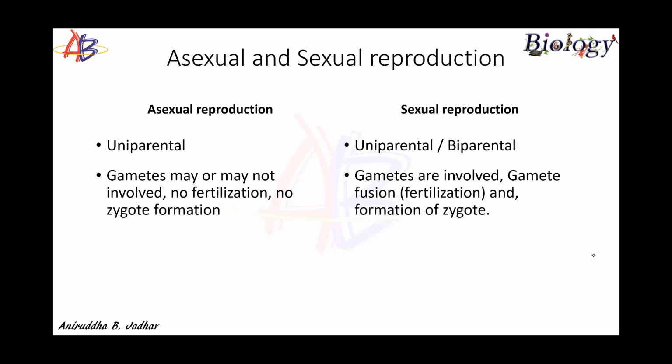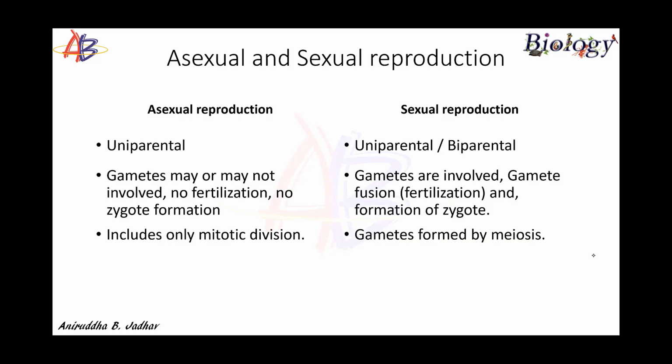For sexual reproduction, gametes are compulsorily required. So gametes are involved, and these gametes need to go through a step called fertilization, and ultimately the zygote is formed. Now, as far as cell division is concerned, all individuals following asexual reproduction follow mitotic cell division.